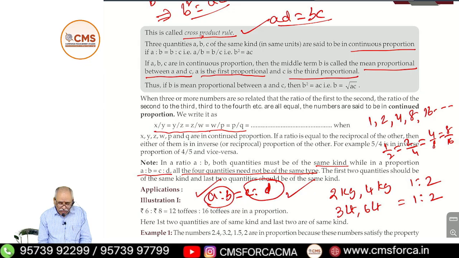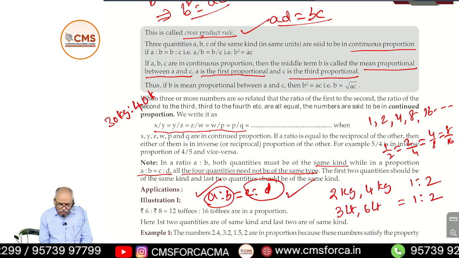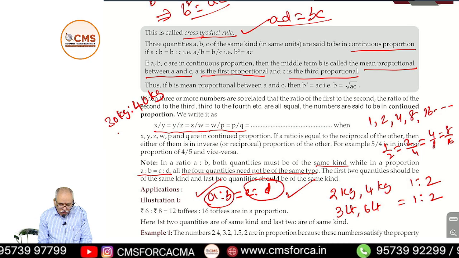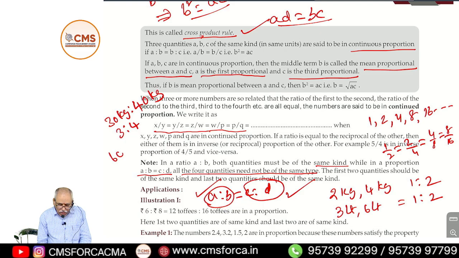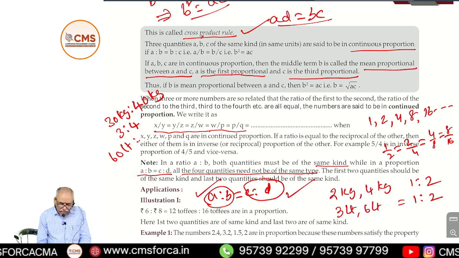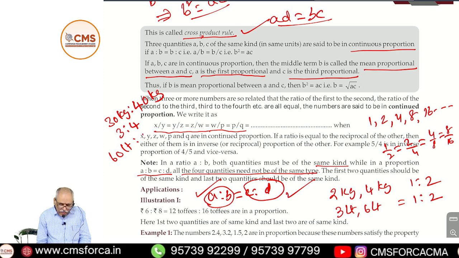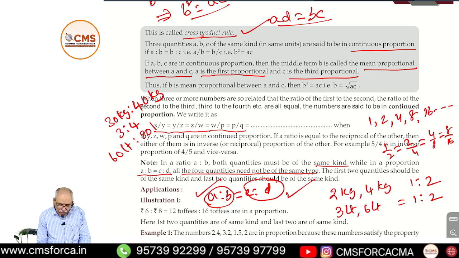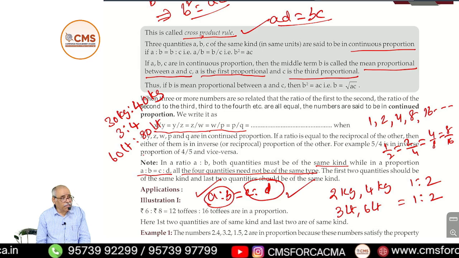Another example, let us take 30 kgs is to 40 kgs. What is the ratio? 3 is to 4. Another one, 60 liters is to some other one. 3 is to 4 we want, no? So you can say 80 liters. What is the ratio here? 3 is to 4. Are they same or not?